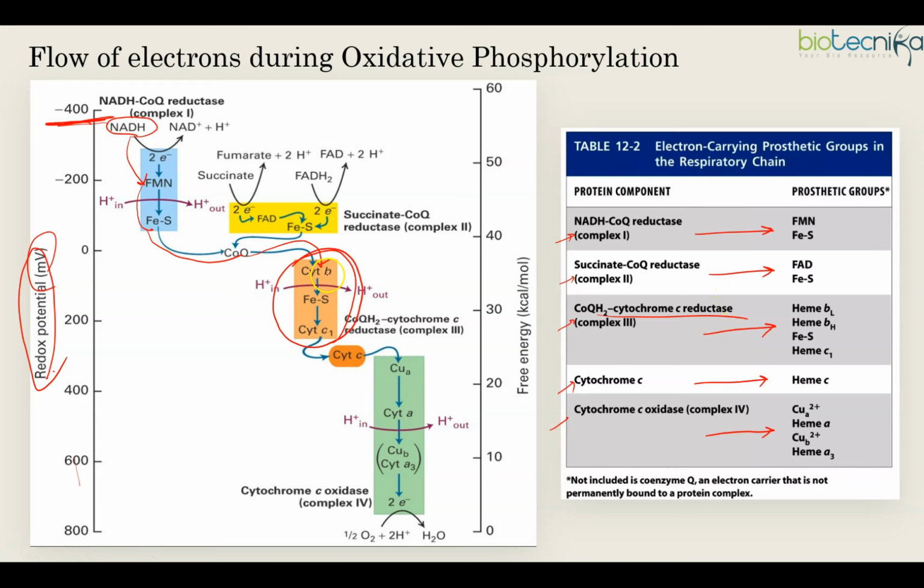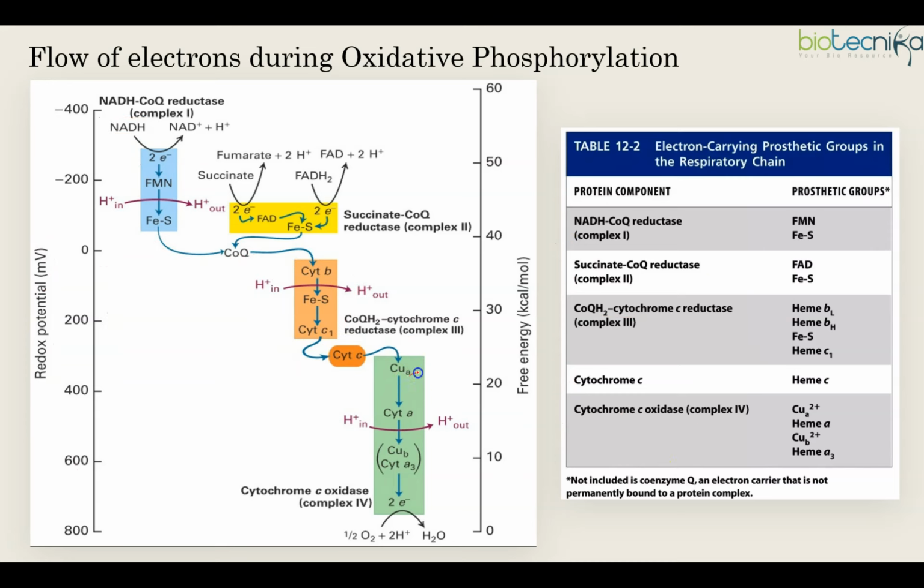And from cytochrome b to FeS, cytochrome c1, you can see that the redox potential is constantly increasing. Finally, cytochrome c1 to cytochrome c, then to complex 4, which is also called cytochrome c oxidase. There we have copper, cytochrome a, copper B, and finally the electrons are given to oxygen. This leads to the formation of water.